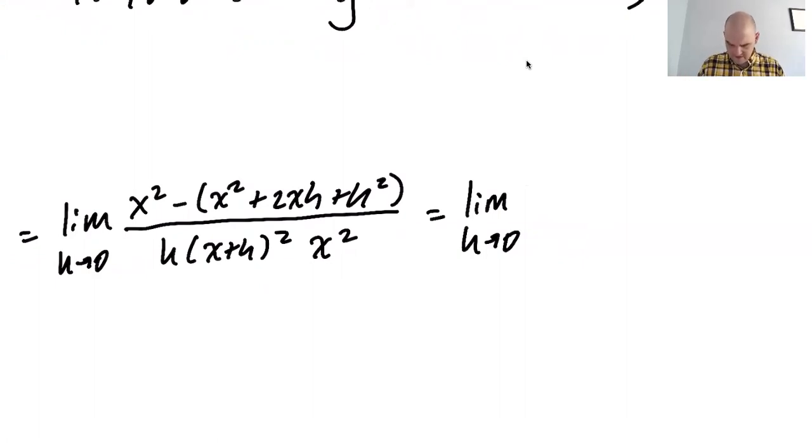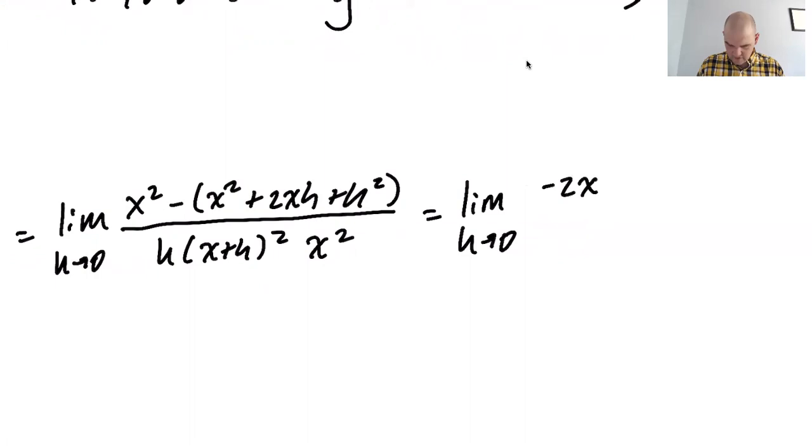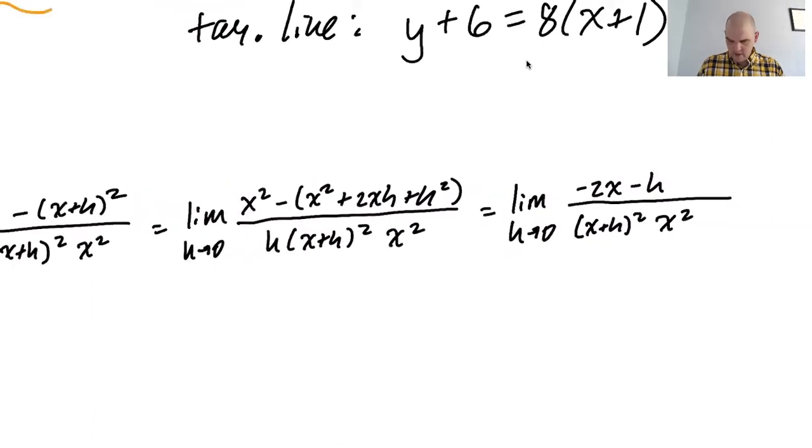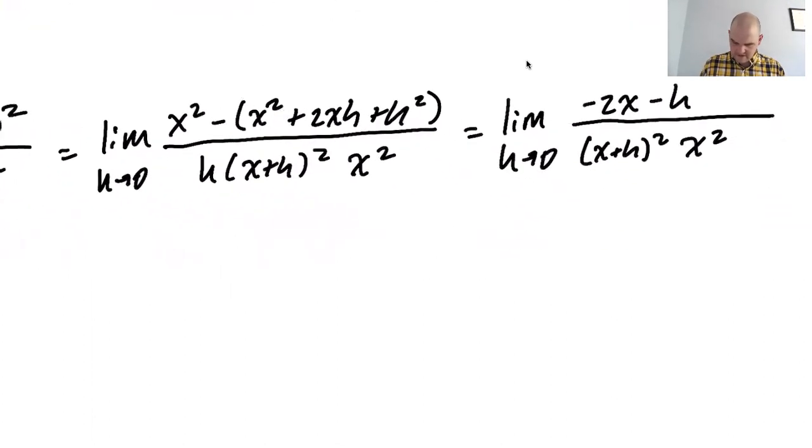I'm also going to cancel the h, so I'm going to end up with negative 2x minus h, because I canceled the h in the denominator with everything in the numerator that had an h, and then x plus h squared, x squared. Okay, and then this, good grief, is the limit as h approaches 0.